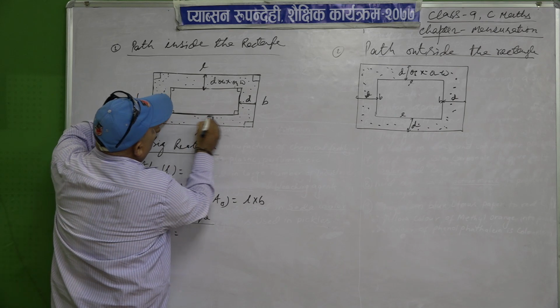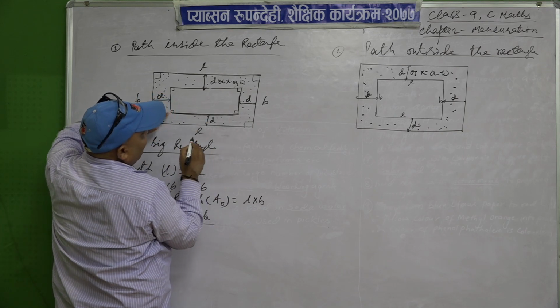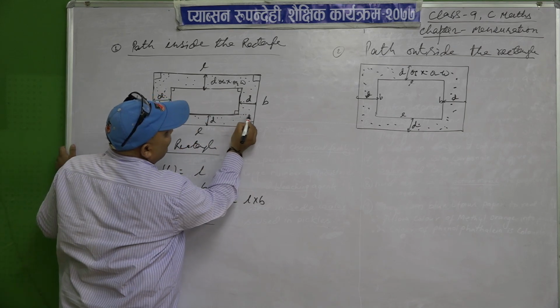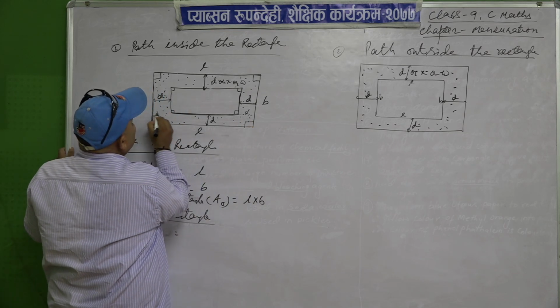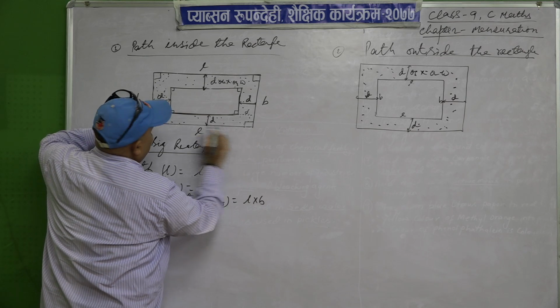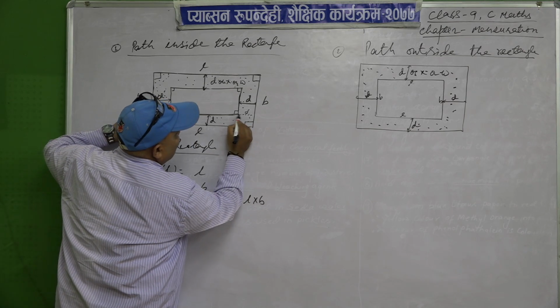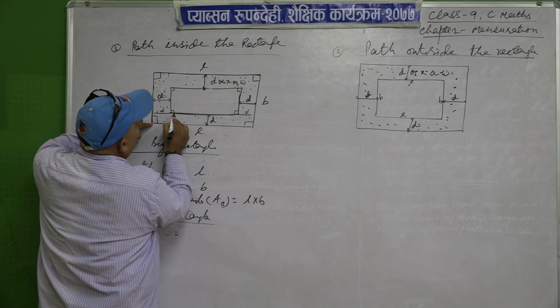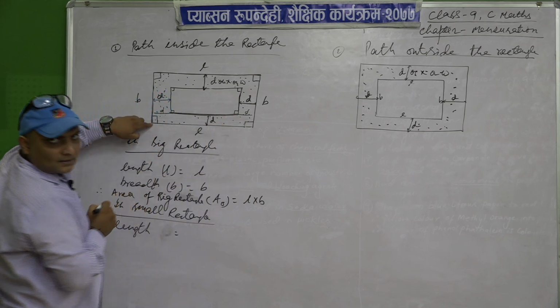So, how can we find out the length of this rectangle? Yesterday we have done that. This part is D, this part is also D. If we subtract this part and this part from this length, we will get this part.